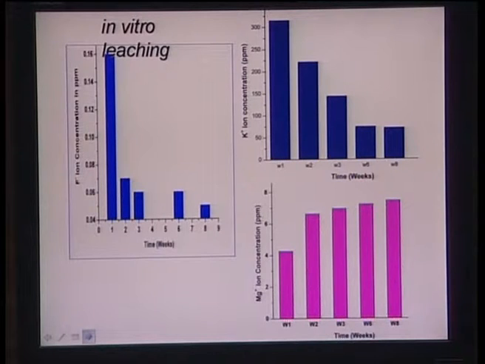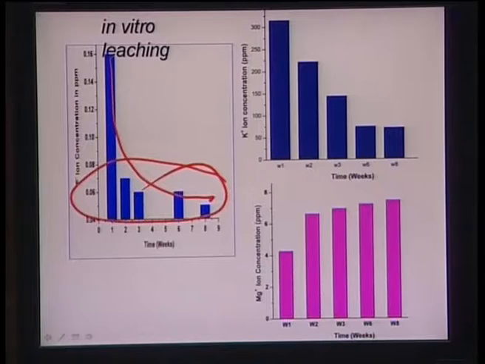As far as the in vitro leaching is concerned, the fluorine ion concentration, when it goes up to 7 or 8 weeks, again shows fluorine ion leaching much less than the WHO recommended value, and this value is even less than 0.1 ppm.